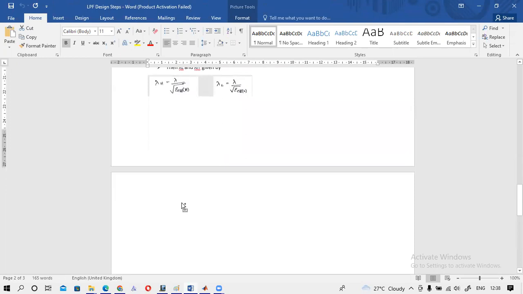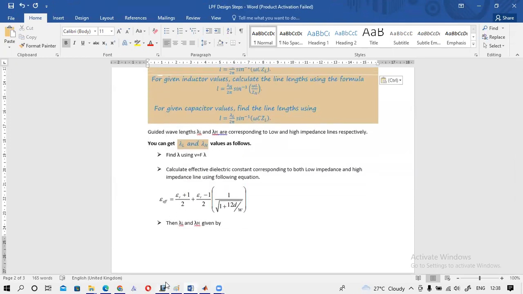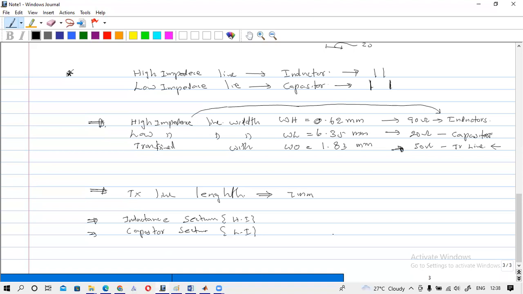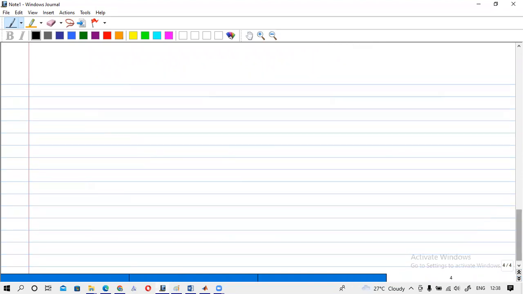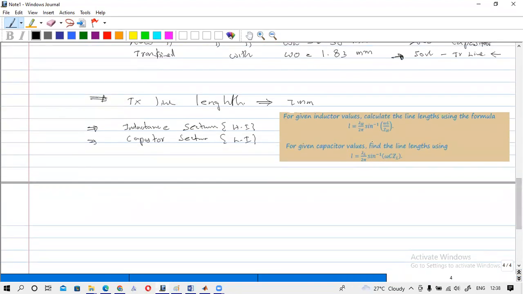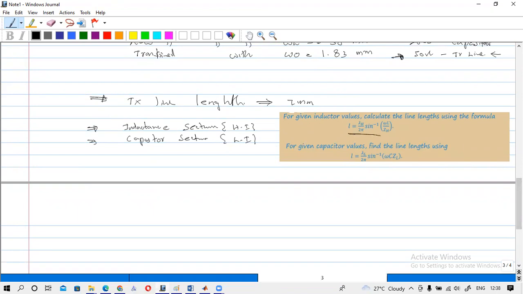For a given inductor value, you have to use this formula to calculate the length of the related microstrip section, and for a given capacitor value, you have to use this formula to find the length for the related capacitor line section, microstrip section.